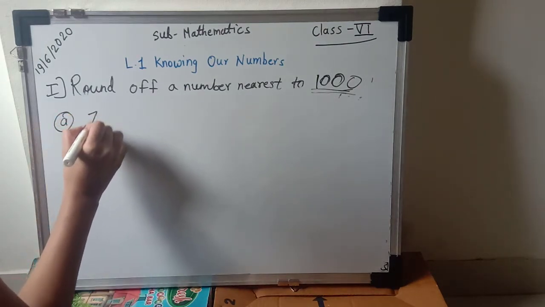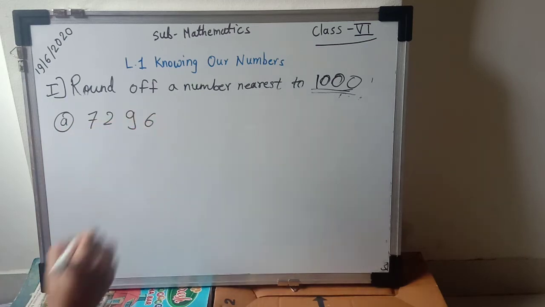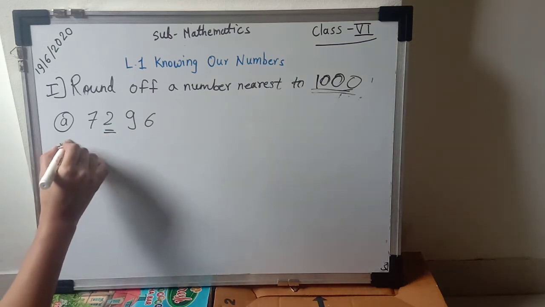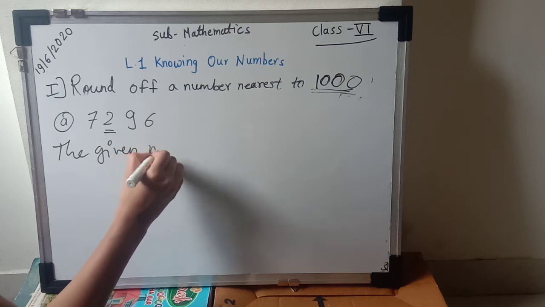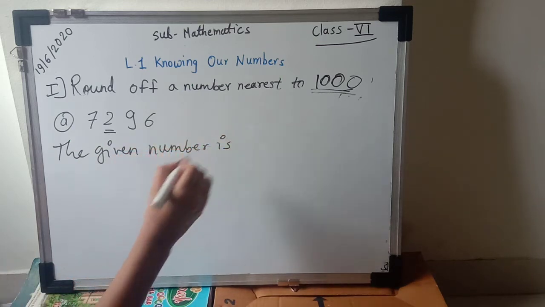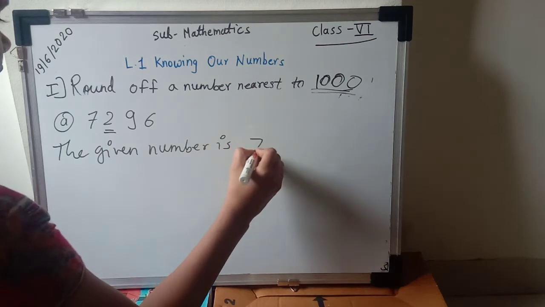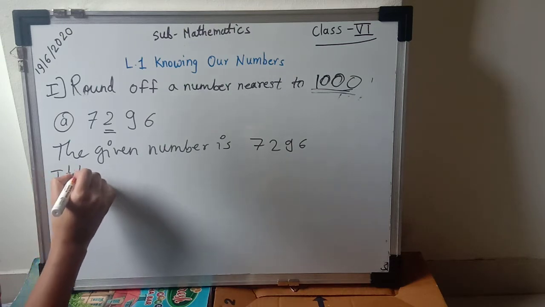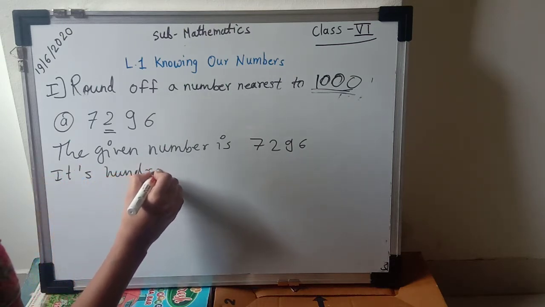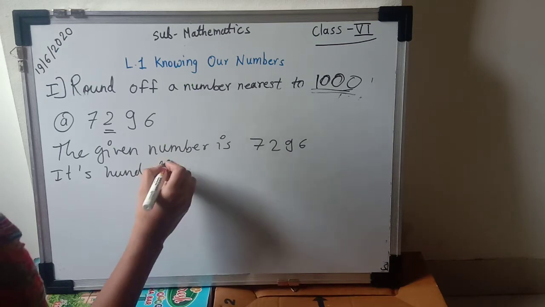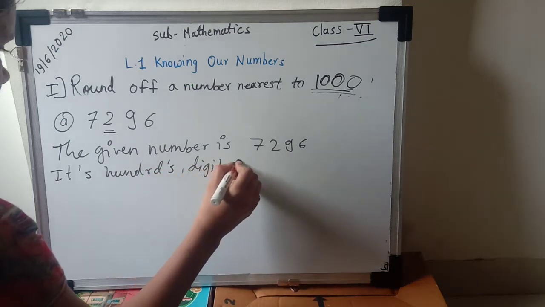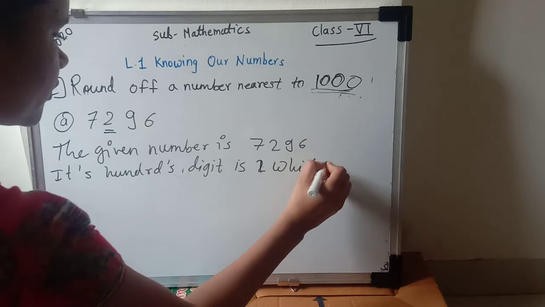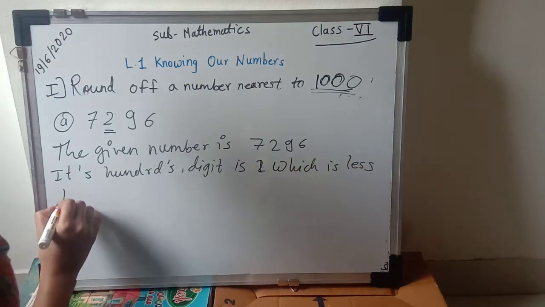The first number I'll take here is 7296. Now we are rounding this number nearest to 1000, so we have to see the hundreds digit. The given number is 7296. The hundreds digit is 2, which is less than 5.